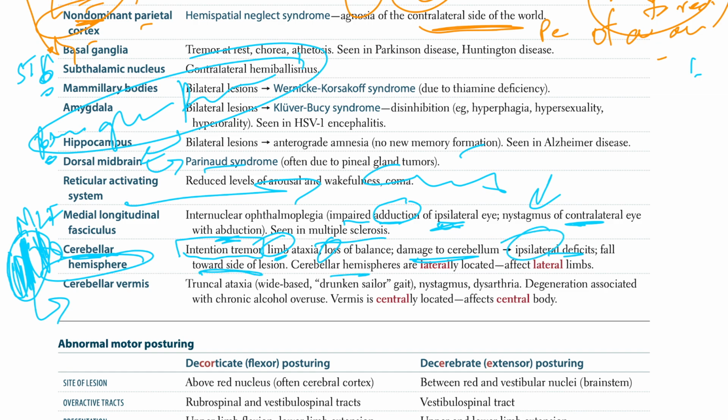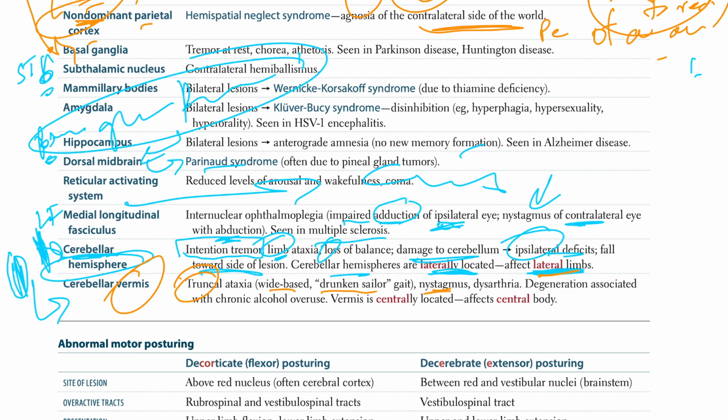Cerebellar hemispheres are laterally located, so they affect the lateral limbs. Let me change color here. They are laterally located, so they will affect the lateral limbs. Okay, compare this with the vermis. Because the vermis is in the midline, it will give you truncal ataxia, which is a wide-based drunken sailor gait.